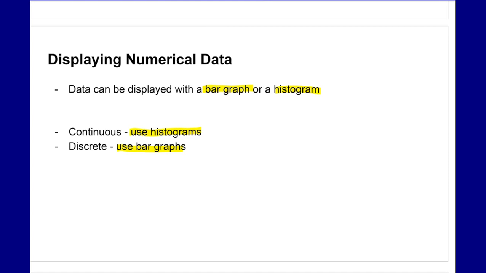This is a bit of a change of pace from the last unit, where we did use histograms for discrete data. That was because when we look at continuous probability, we are going to be using histograms. So in general, for continuous we use histograms, and for discrete we use bar graphs.